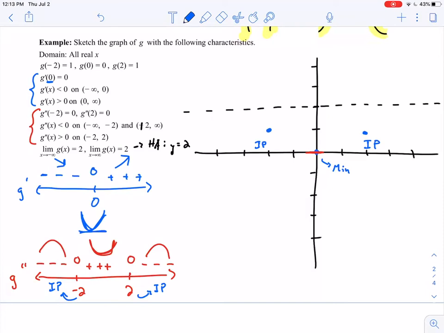So let's look at this middle section, I think, right here. I think that's probably where I would start. Here, if I look at this middle section, my graph should be concave upward. And some of this we've already talked about. We said that there is a local minimum. We said that this was a minimum at 0.